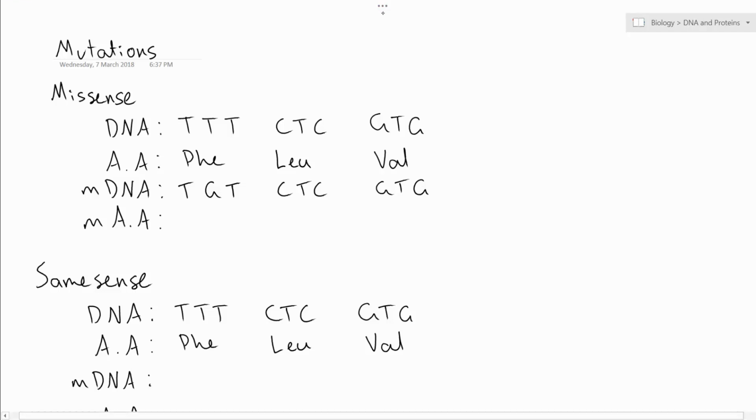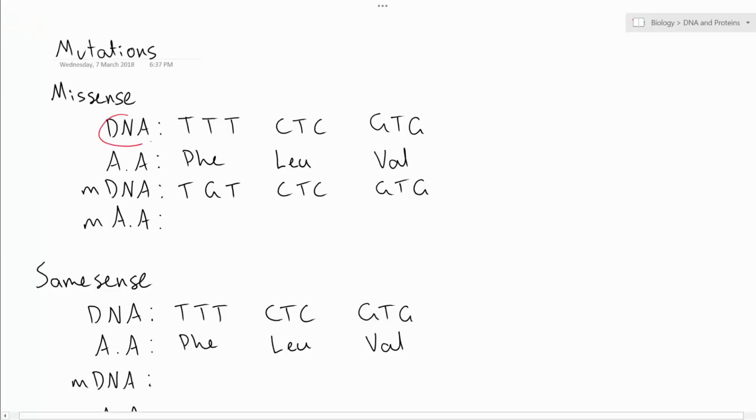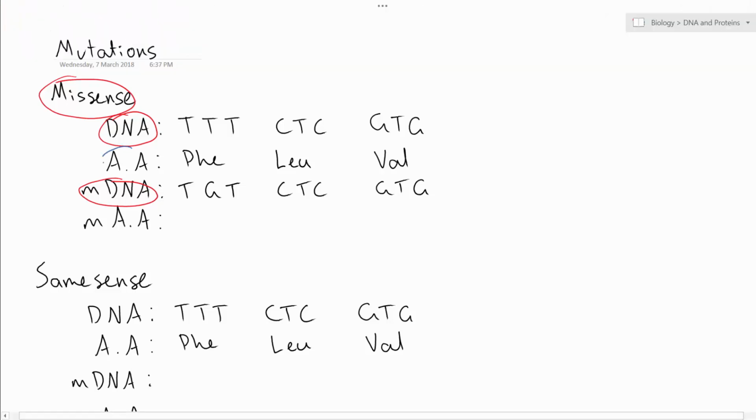So what you notice here for each of these examples is that I'm going to have an original DNA, and then I'm going to have mDNA, the mutated DNA, so the DNA that has changed because of this particular type of mutation, which here we're talking about a missense. Like I said, sometimes we've got a substitution. And then similarly, I'm going to have the original desired amino acid sequence, and then how that's going to affect the mutated amino acid sequence.